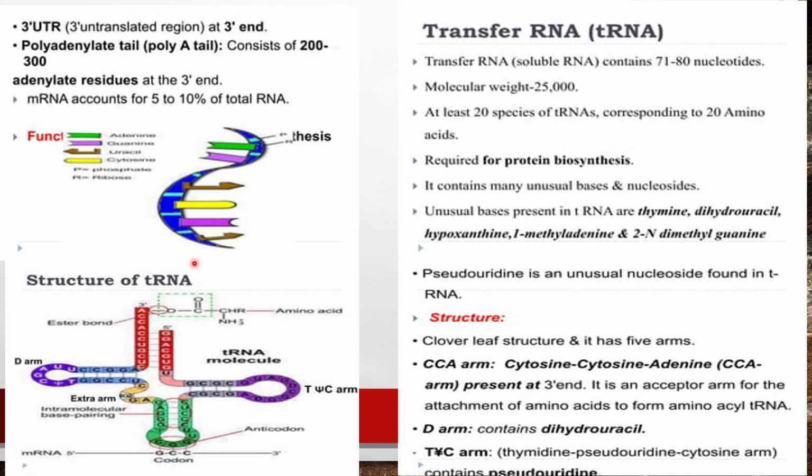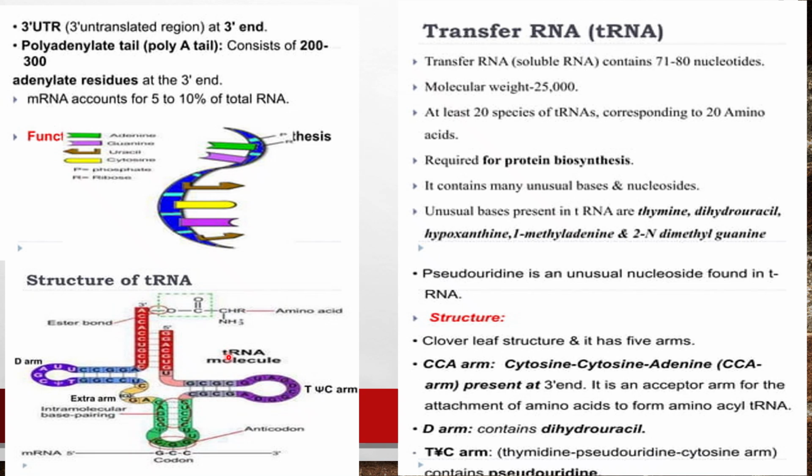Then there is the structure of transfer RNA, which consists of 5 arms. Transfer RNA contains 71 to 80 nucleotides. Molecular weight is 25,000. At least 20 species of transfer RNAs corresponding to 20 amino acids are available, and it is required for protein synthesis. It contains many unusual bases and nucleosides.